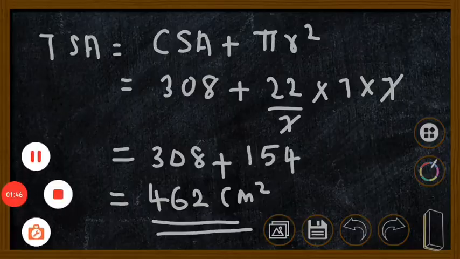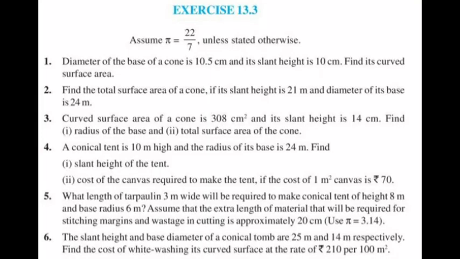Okay. Now fourth question. A conical tent is 10 meter high and the radius of its base is 24 meter. Find, again two questions are there. First one, slant height of the tent. And second question, the cost of the canvas required to make the tent if the cost of 1 meter square canvas is rupees 70.